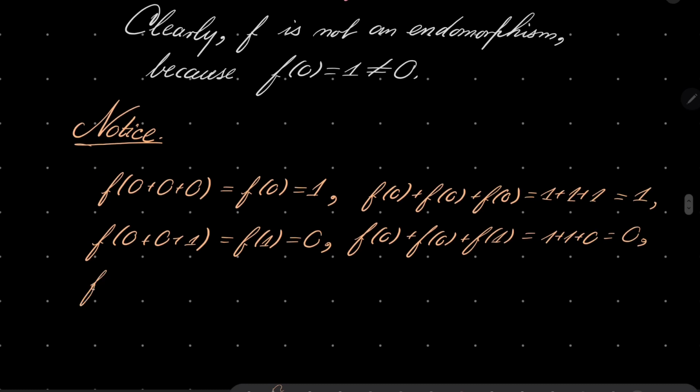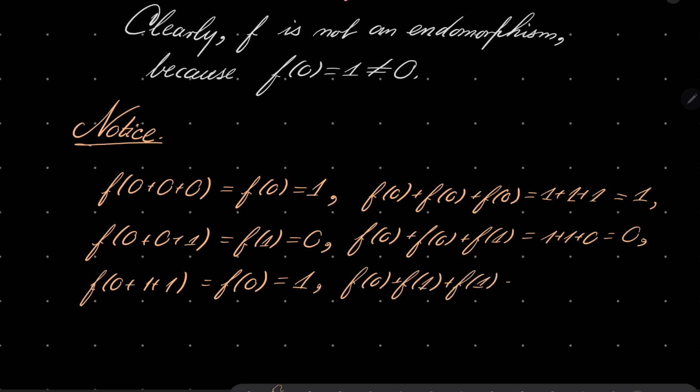Next case is f(0+1+1). It's f(0) again, because 1+1 is 0. So it's 1. f(0)+f(1)+f(1): what is that? It's 1+0+0. So it's 1.